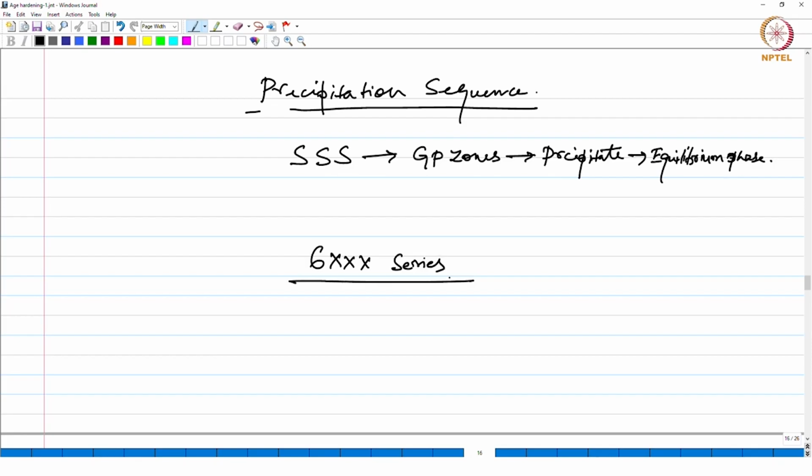So in this lecture today, we are going to continue and see the other aspects of precipitation hardening and also the other precipitation hardenable alloys, as to how the precipitate forms and what kind of precipitates are there in other age hardenable aluminum alloys.